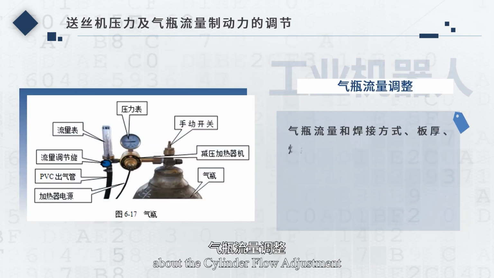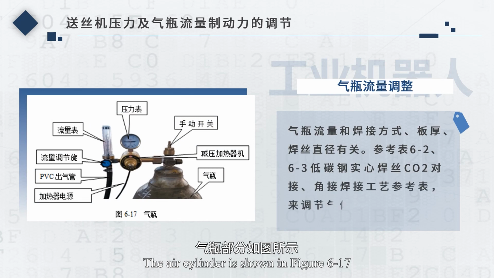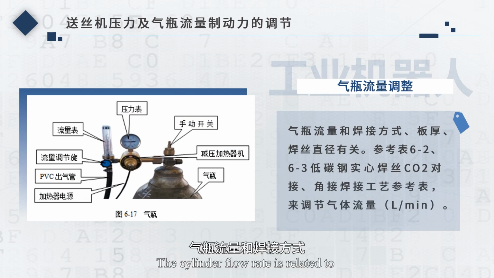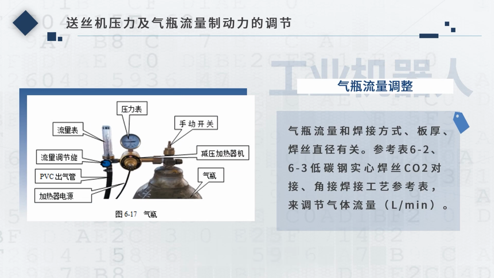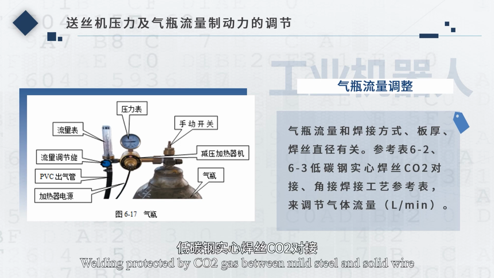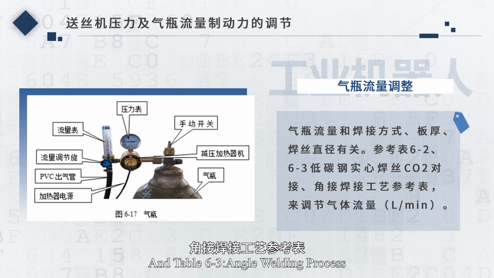About the cylinder flow adjustment, the air cylinder is shown in Figure 6 to 17. The cylinder flow rate is related to the welding plates and wire diameter. Refer to Table 6.2, welding protected by CO2 gas between mild steel and solid wire, and Table 6.3, angle welding process to adjust the gas flow.